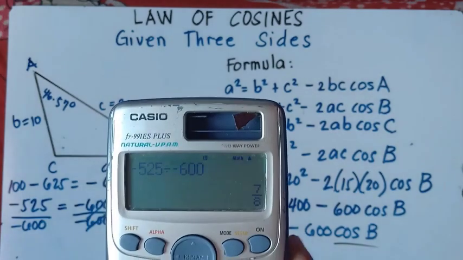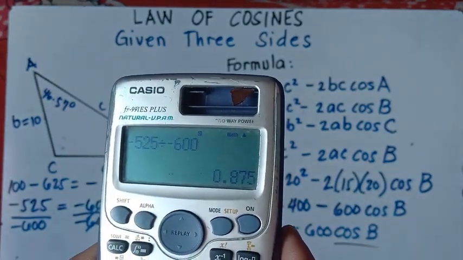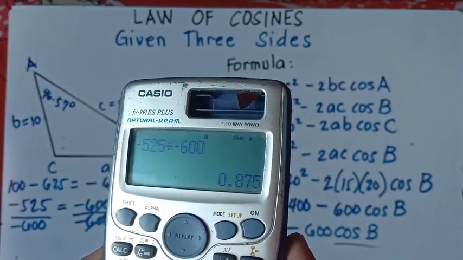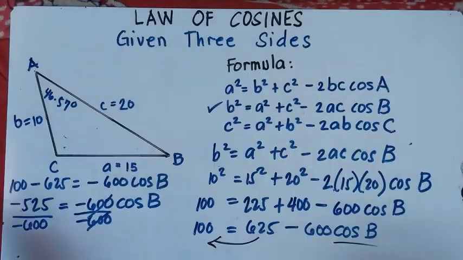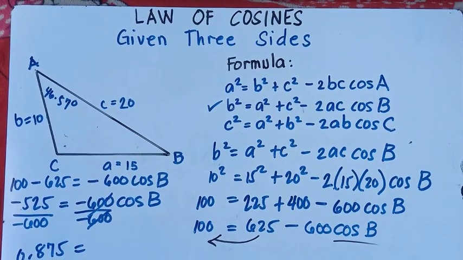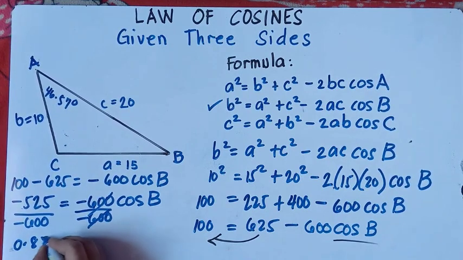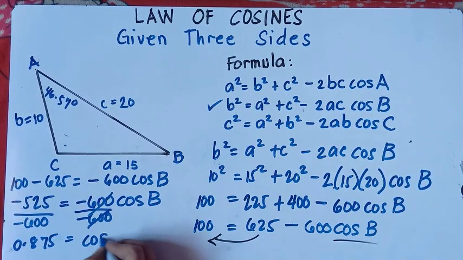So we have the decimal 0.875. So 0.875 equals cos B.